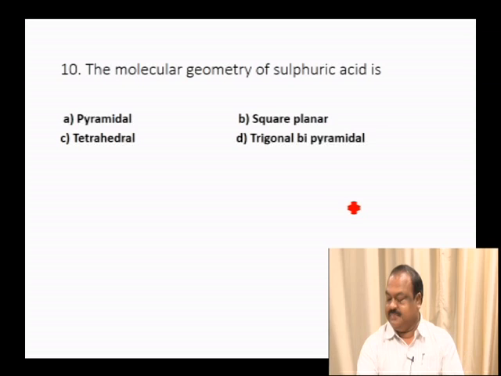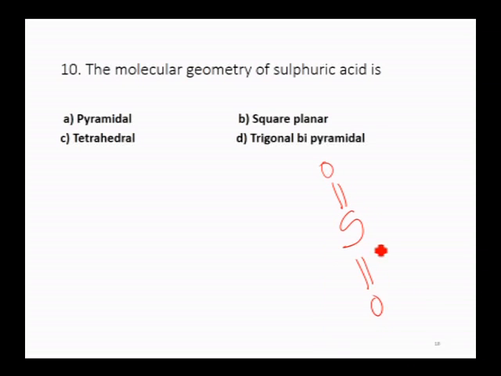That is, this sulphuric acid produces two hydrogen ions, hence it is a dibasic acid. It has a tetrahedral structure. So, suitable answer is C.